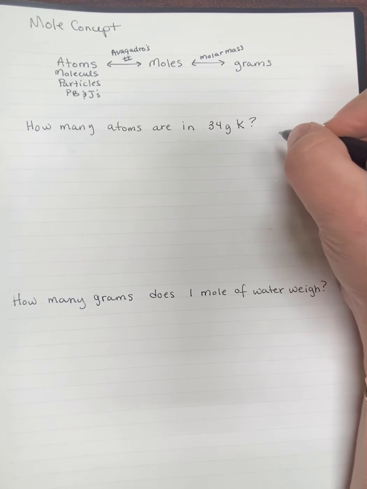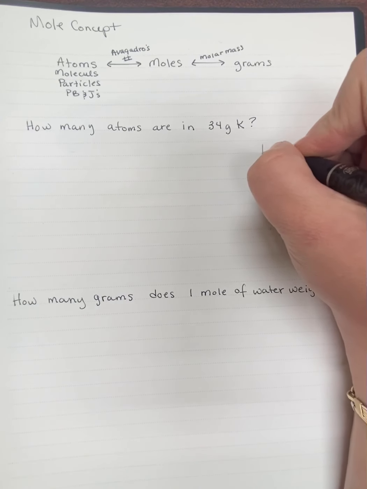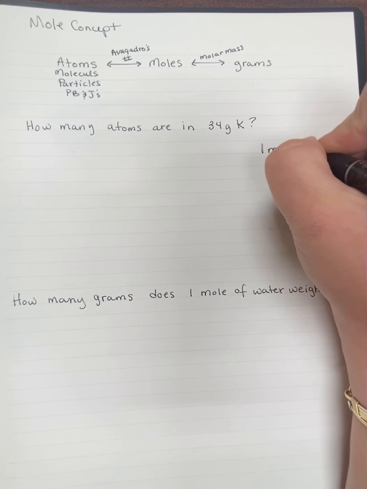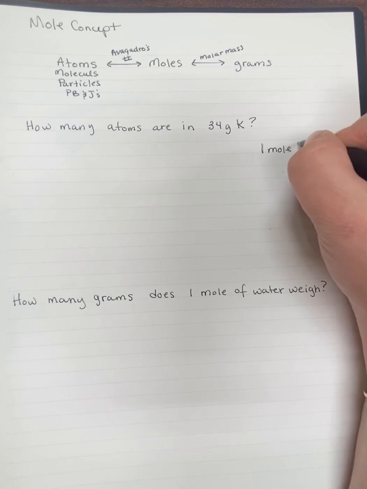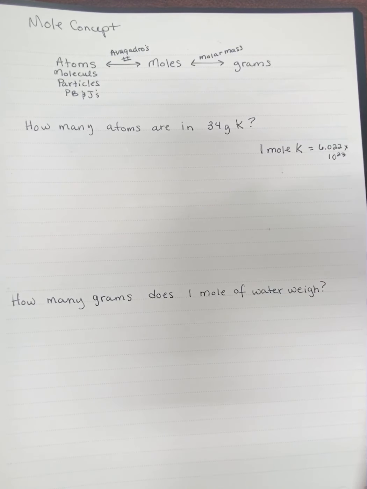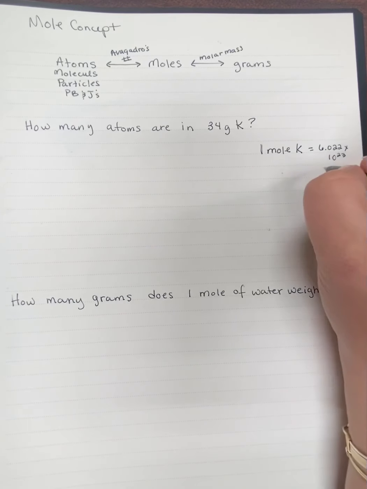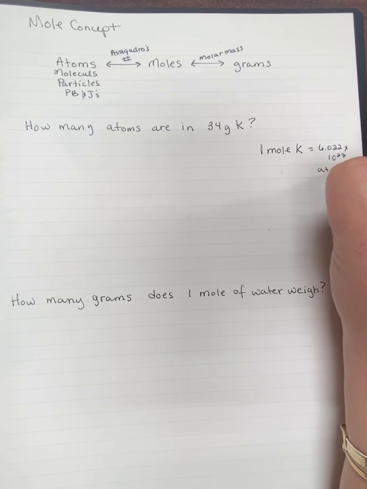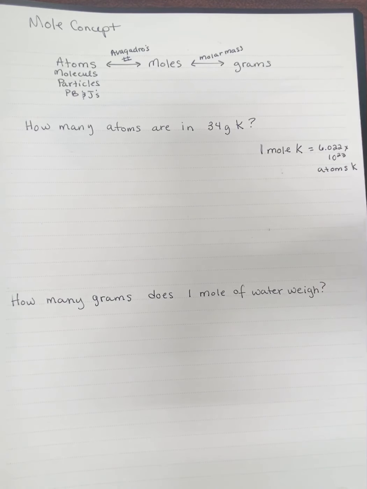Okay, now some unit equations that we can know. 1 mole of anything, but specifically potassium, is 6.022 times 10 to the 23rd particles, or atoms, or molecules, or peanut butter and jellies. It doesn't matter. 1 mole of anything is 6.022 times 10 to the 23rd, in this case, atoms of potassium. So that's one new unit equation that we can use.